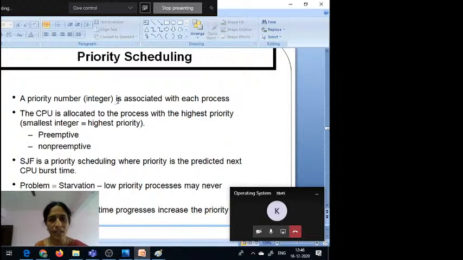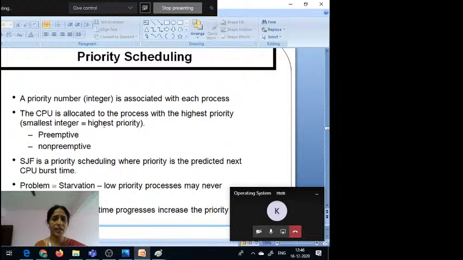That means a priority number, which is an integer, is associated with each process. Priority scheduling also has two versions: a preemptive version and a non-preemptive version. The CPU is allocated to the process with the highest priority, that means the smallest integer is the highest priority.